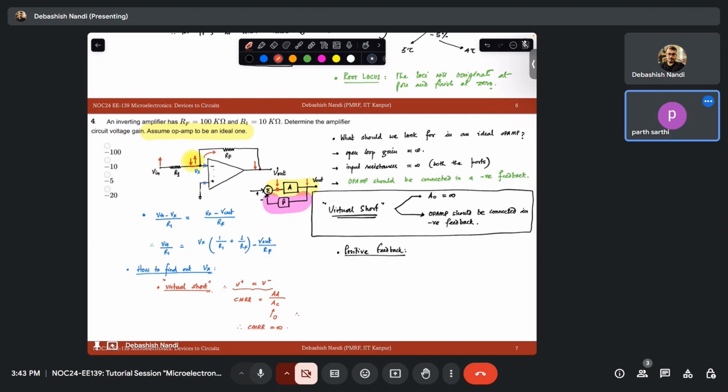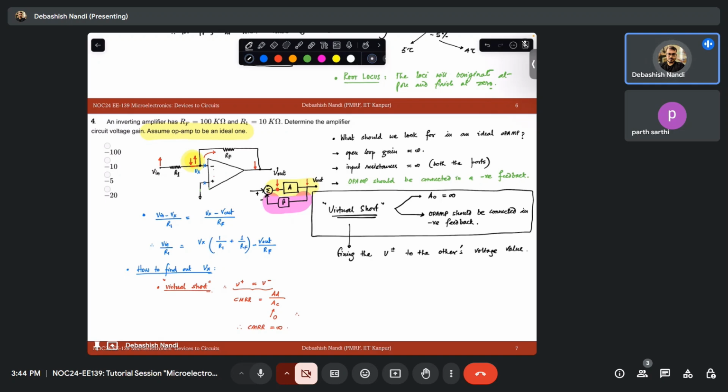In case of positive feedback, what is happening, let's say you are giving your input. Understood, right? So basically to have a virtual short means you are fixing V plus or minus to the other voltage value.